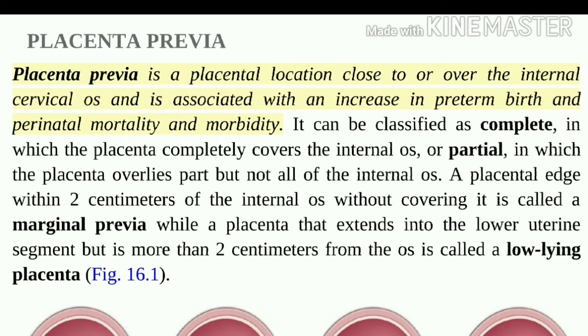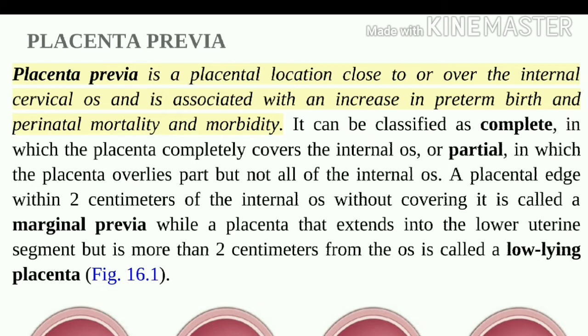A placental edge within 2 cm of the internal os without covering it is called marginal previa, while a placenta that extends into the lower uterine segment but is more than 2 cm from the os is called a low-lying placenta. So, what do you understand about placenta previa?